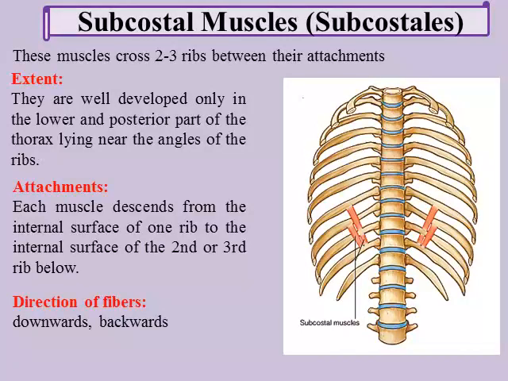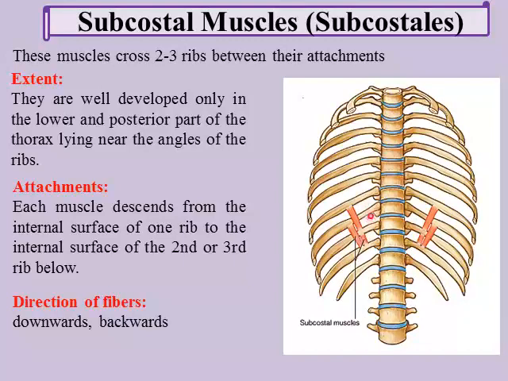let's move to another muscle, which is the subcostal muscle or subcostales. Subcostal, sub means below, costal means ribs. This muscle connects ribs, but in a special way. How? They are present in the plane of the third layer of muscles. The first layer is external, the second layer is internal, the third layer is divided into three parts.